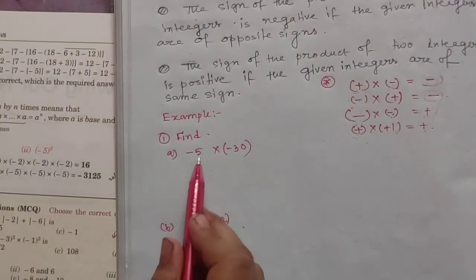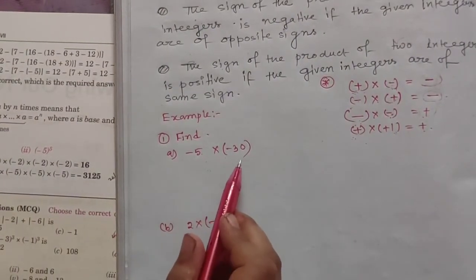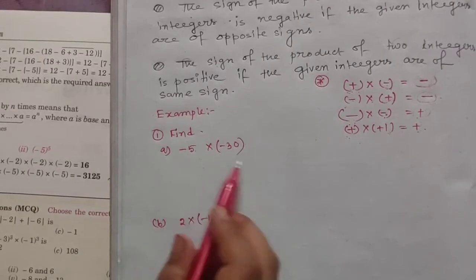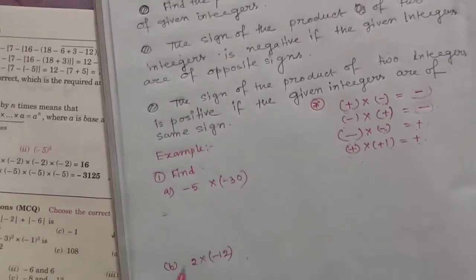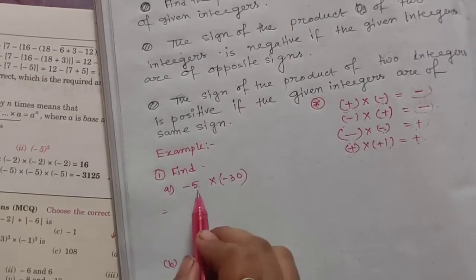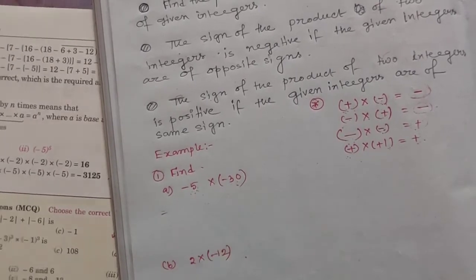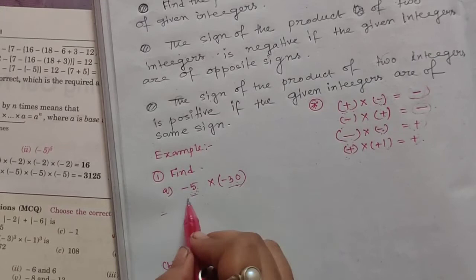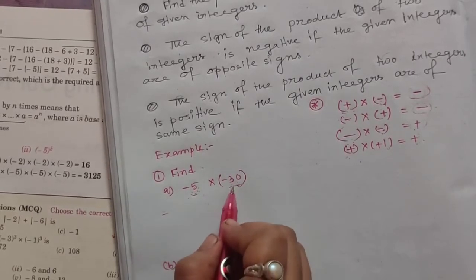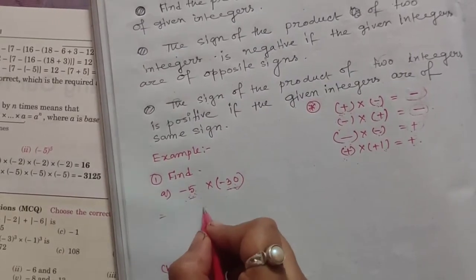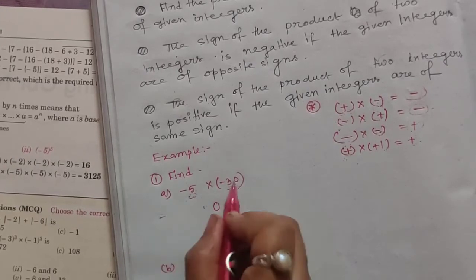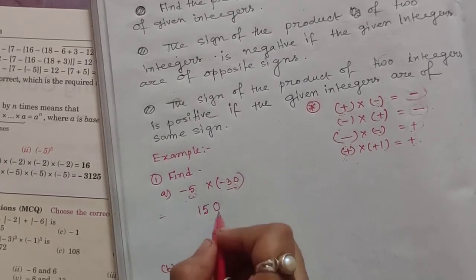Now let's see some examples. Find minus 5 multiplied by minus 30. We need to multiply these two integers. First we will multiply 5 and 30, the absolute values. 5 multiplied by 30 gives 150, since 5 threes are 15.